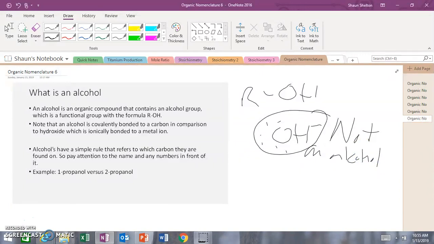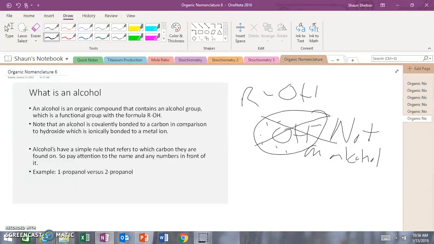Alright, this is not an alcohol, so do not confuse the two between each other, okay? So an alcohol is something that's going to be covalently bonded to a carbon, and that carbon can be some number of carbons in a chain. It doesn't matter. It's the fact that it's bonded covalently to the carbon.